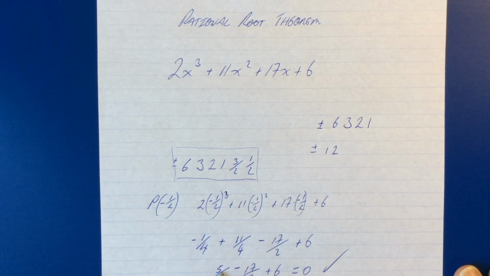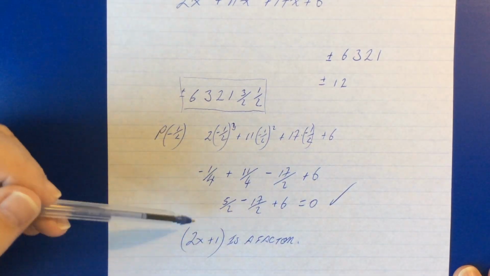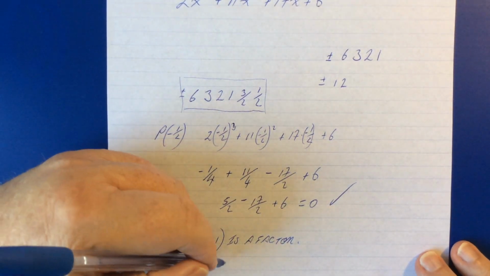If you simplify this, you get 5 on 2, minus 17 on 2, which gives us negative 12 on 2, plus 6, which gives us 0. Right, so what does that tell us? Well, it tells us that 2x plus 1 is a factor.